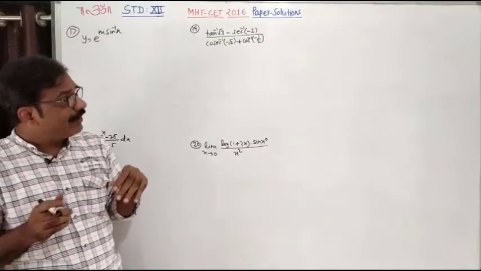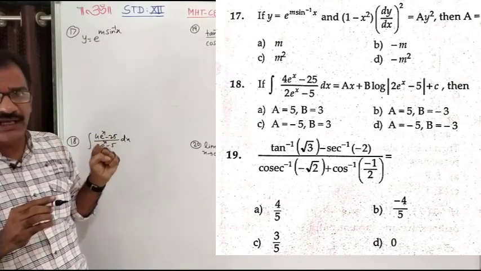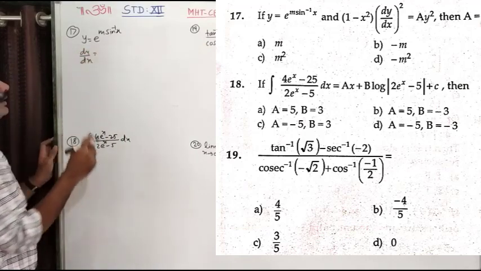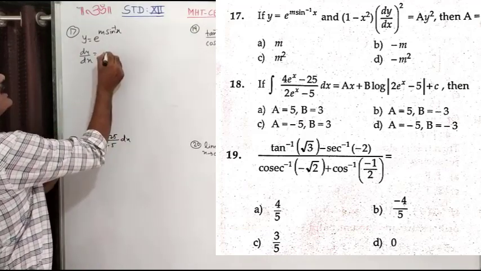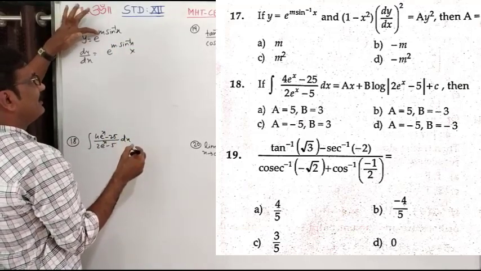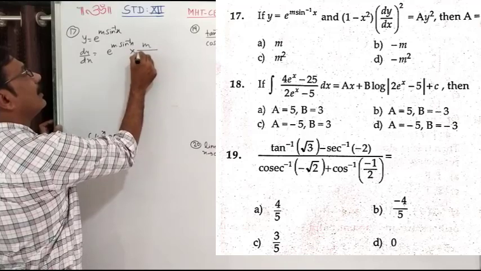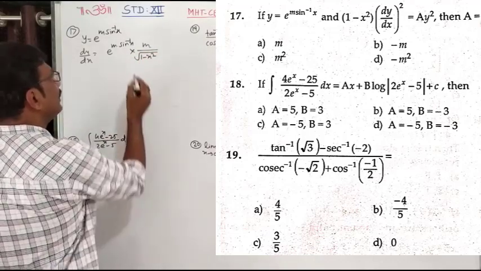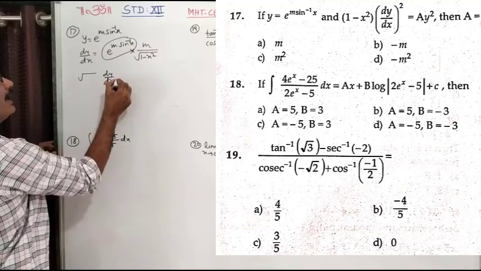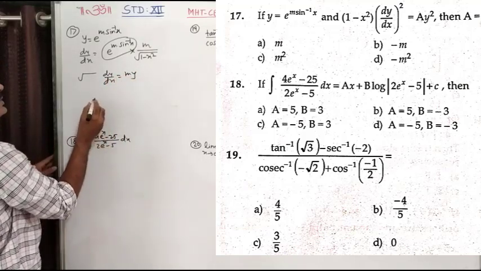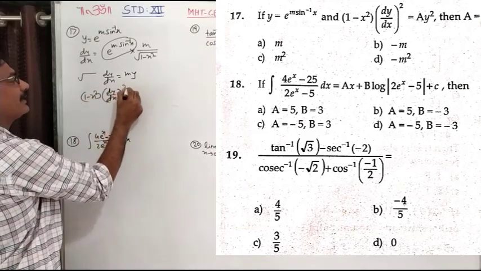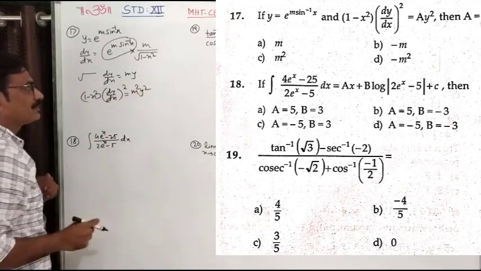Y is given. You have to find dy by dx bracket square, something like that has come. First let's think about its derivative. The derivative of e raised to m sin inverse x, using chain rule, is e raised to m sin inverse x into m into derivative of sin inverse x, which is 1 upon under root of this. This is your y. So under root of this into dy by dx is my. Squaring that, 1 minus x square into dy by dx bracket square is m square y square.